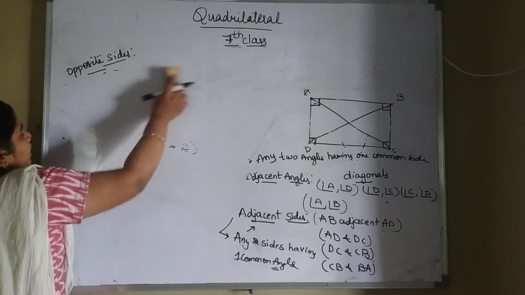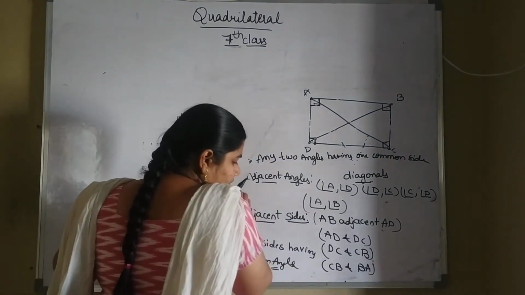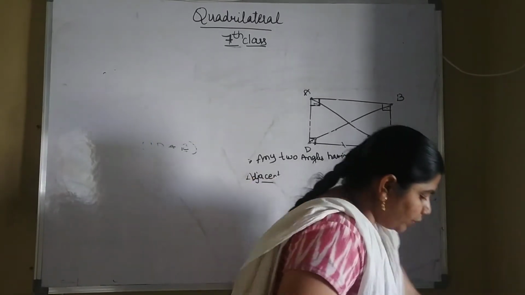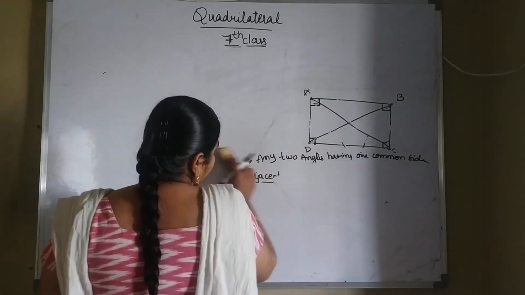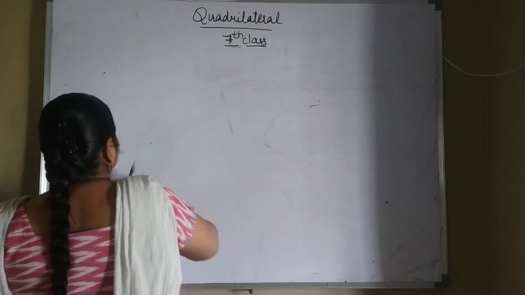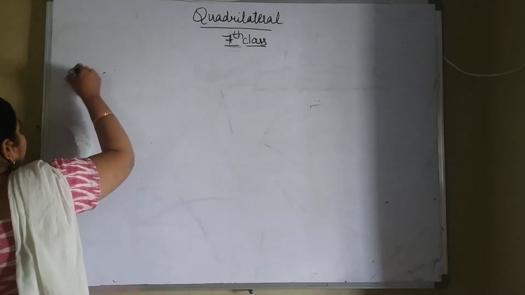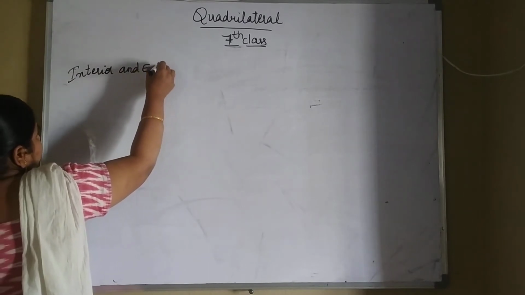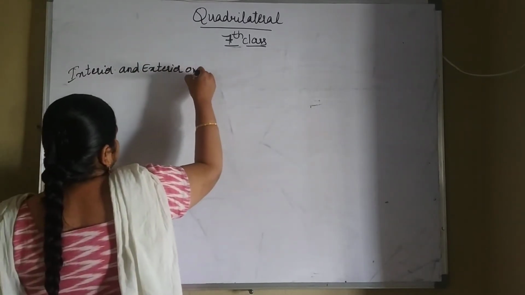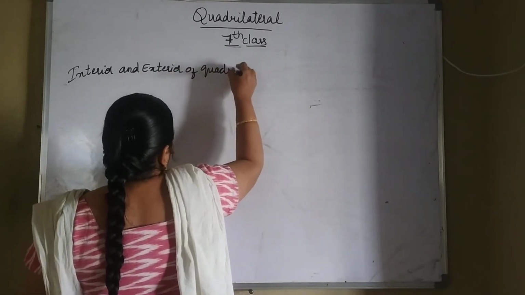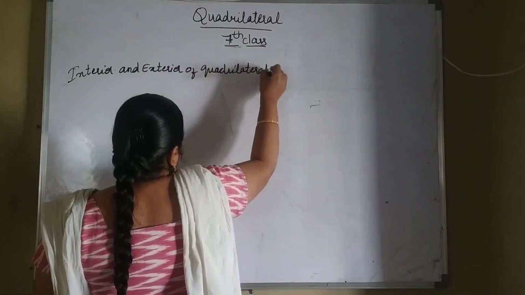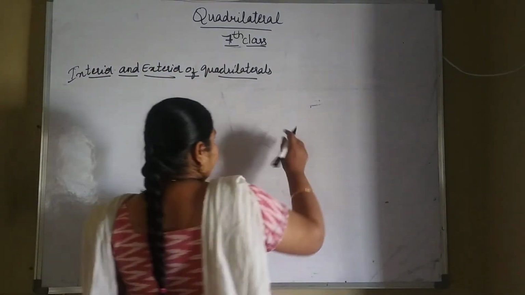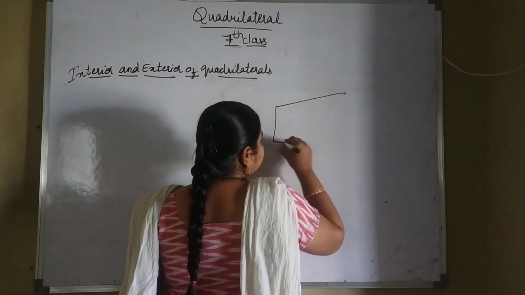Next, in this, interior points and exterior points are there. Interior and exterior of a quadrilateral. So what are the interior and exterior of a quadrilateral? Suppose I am taking one quadrilateral.